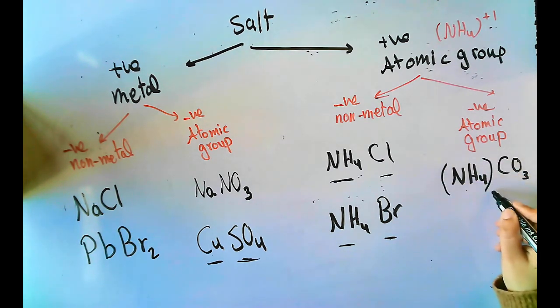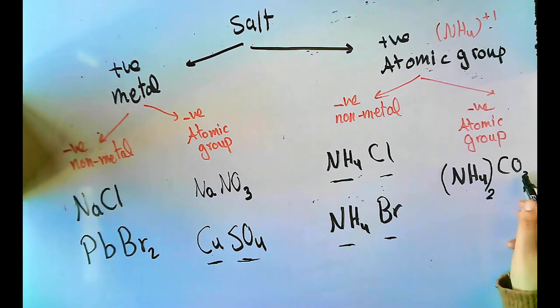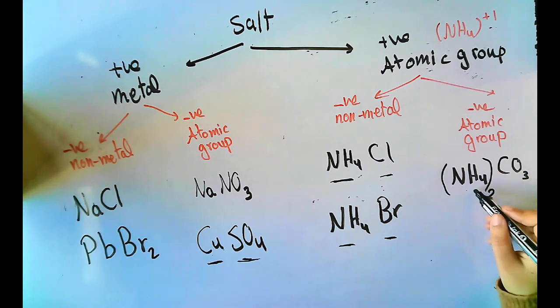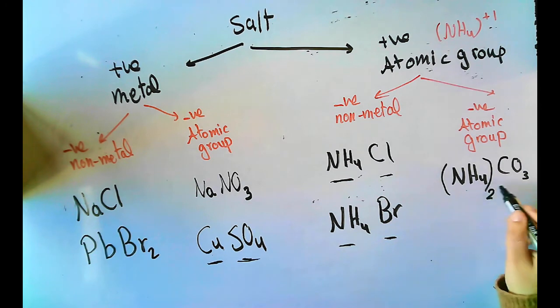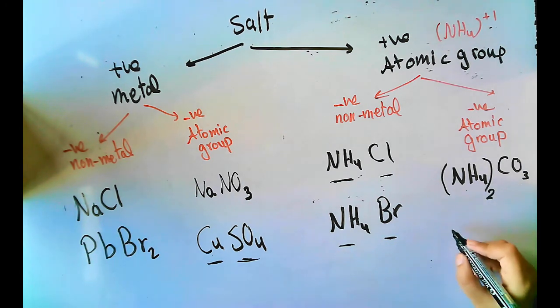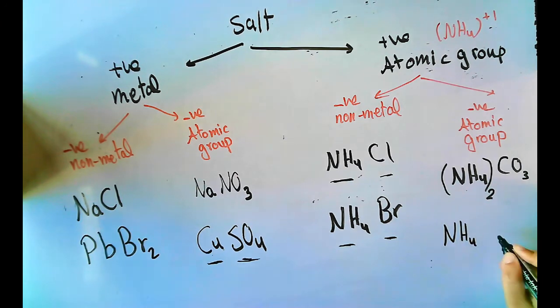I will make a bracket around the ammonium and put the 2, which is the valency of carbonate. Ammonium carbonate. Another example, ammonium nitrate. Ammonium is a positive atomic group and nitrate is a negative atomic group.